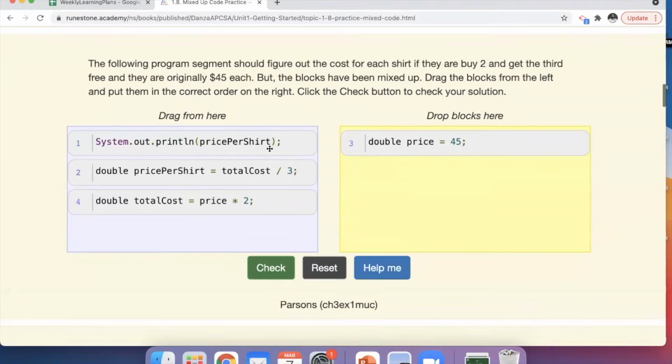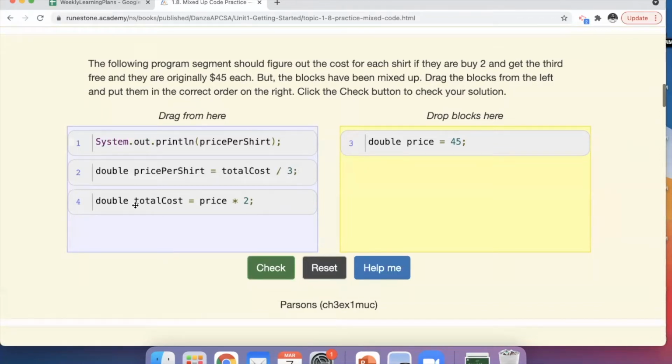Okay. So once again, if we're taking a look at this, it says, what's the cost of each shirt if they are buy two and you get the third free? Okay. So we have our double price is $45. We also have the total cost. If we look at block 2, the price per shirt is equal to the total cost divided by 3.